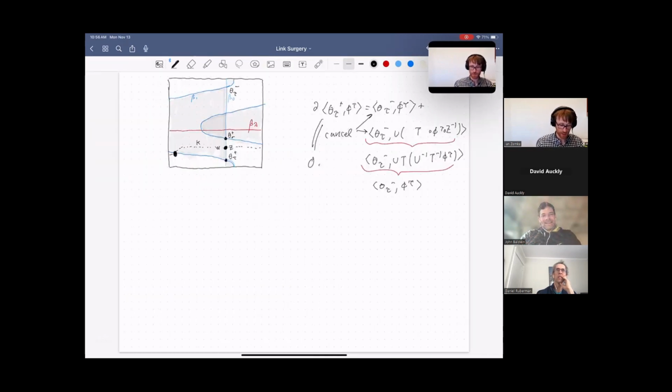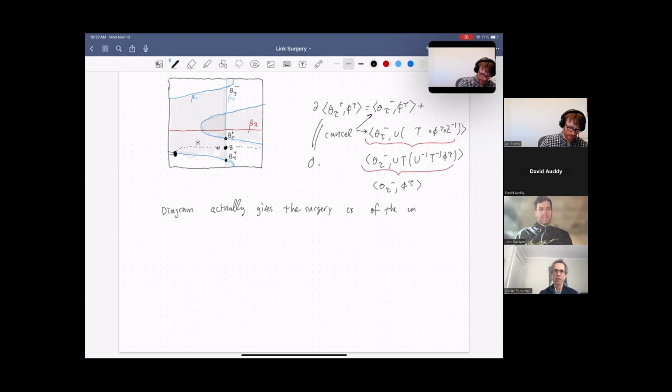Maybe I'll just say, this diagram actually gives you the surgery complex of the unknot as well, which is maybe not that impressive, but if you compare it to the bordered invariant for the complement of an unknot, the holomorphic curves are very simple.